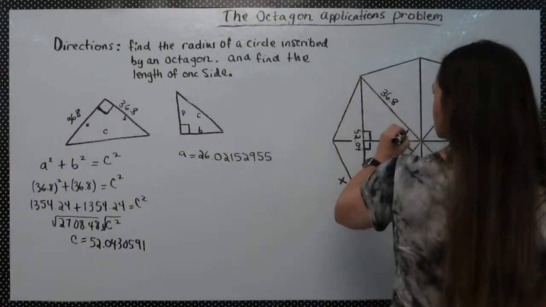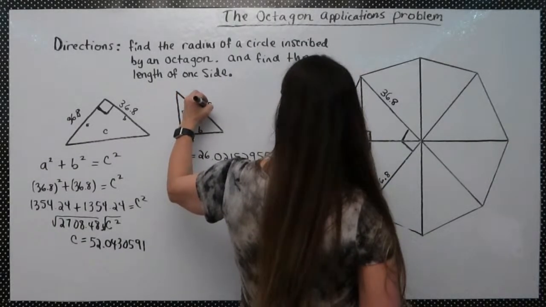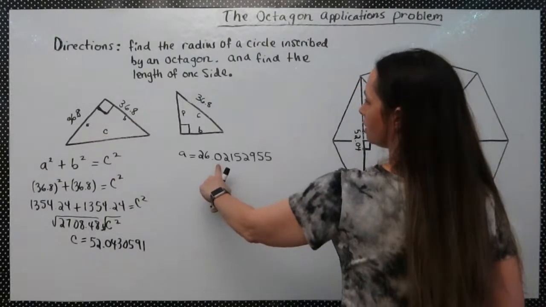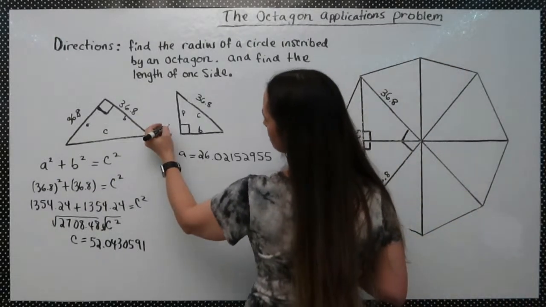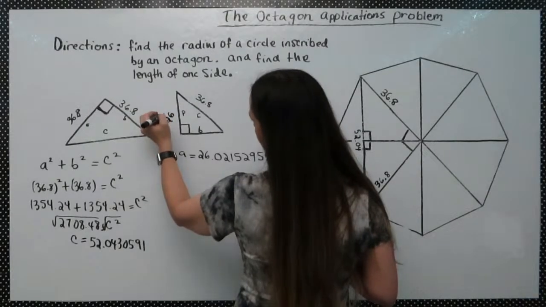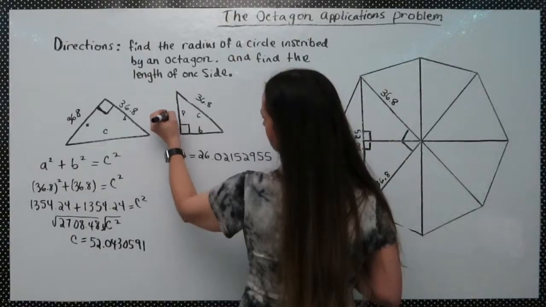So c in this case is 36.8. And if we round all the values to a tenth, we'll say that that's 26.02.